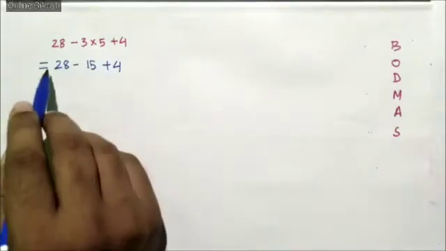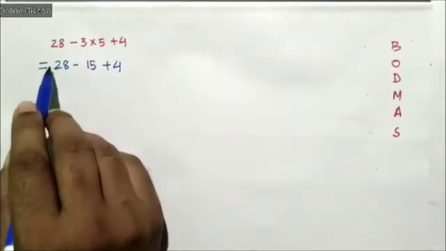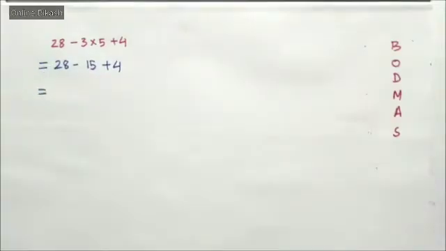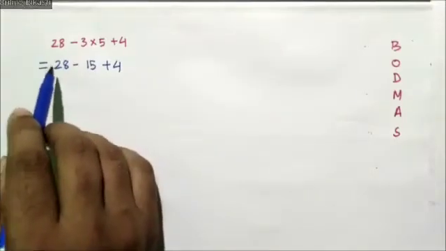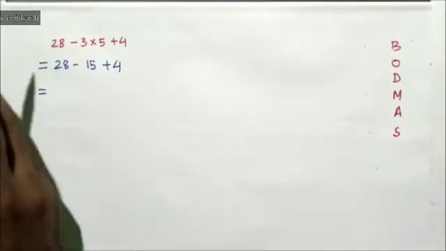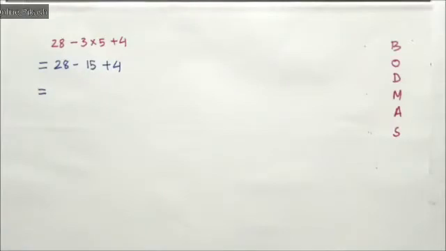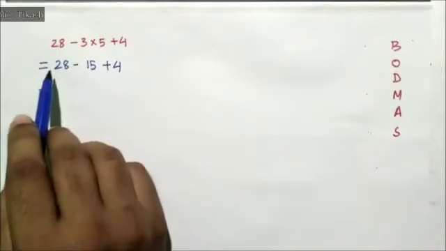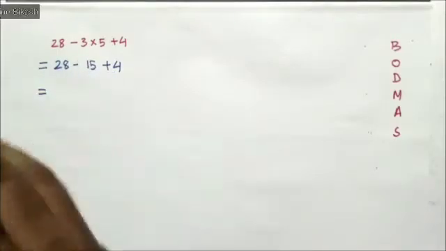If there is no sign in front of a number, either plus or minus, you have to assume that there is a plus sign. So it is a plus sign and it is a plus sign. This is 28 and this is 4. We will add them together.